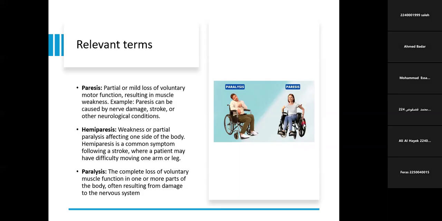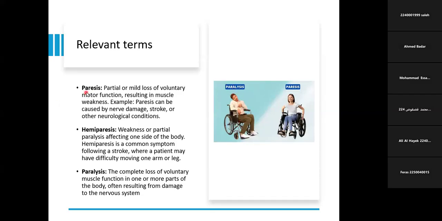Her arms are straight. Her legs are straight. But she cannot stand. She needs support. She is weak. Weakness is called paresis. He is not weak. He does not have muscle function. This is called shalal. This is called paralysis.